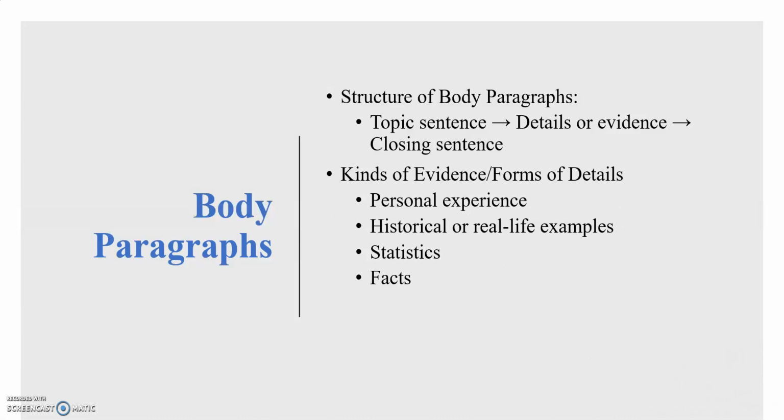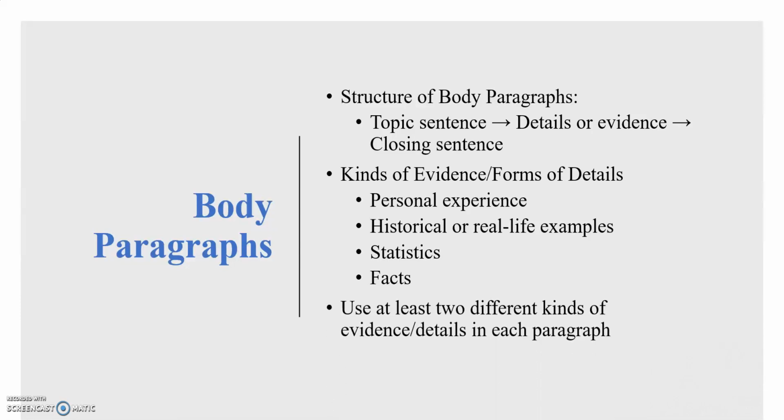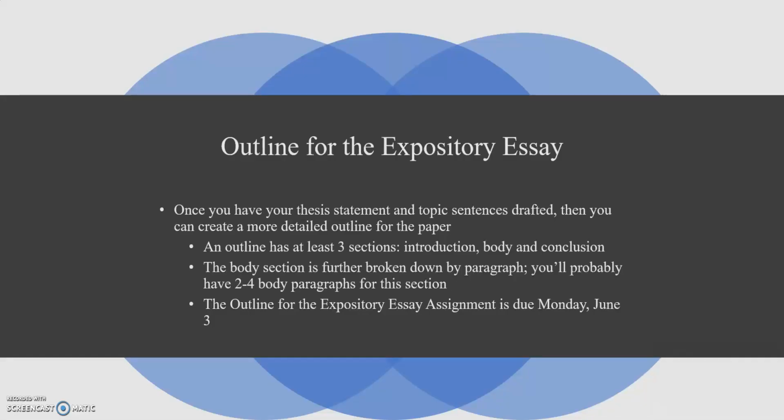Now, when you're thinking about the kinds of evidence or the different forms of details, the information that you have in your body paragraph, we've mentioned this before, you want a couple different things. You can draw from personal experience. You can look at historical or real-life examples. You can pull some statistics or facts from research. The key is you want more than just one kind of evidence or one kind of information in a paragraph. So to recap that, use at least 2 different kinds of evidence or details in each paragraph.